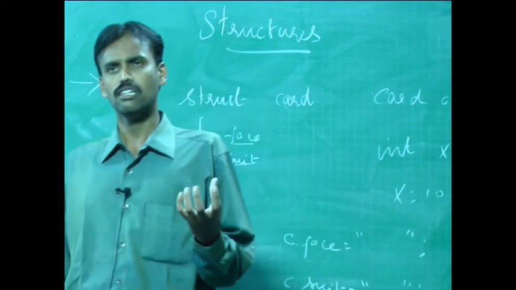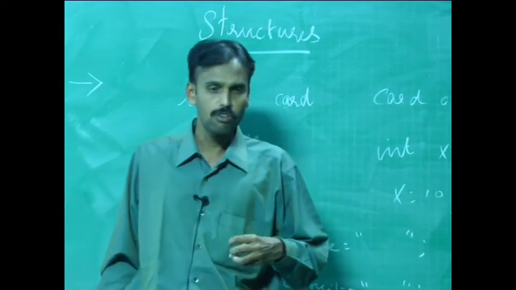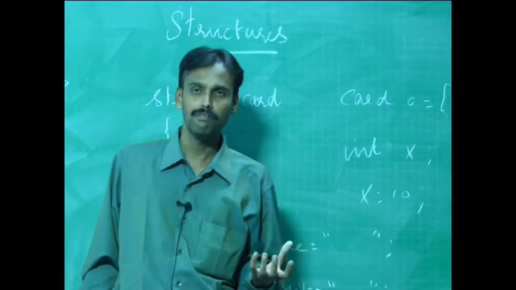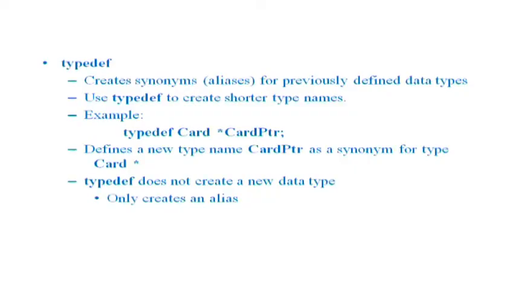An important thing that comes to mind when we talk about structures is type definition. What is typedef? It creates synonyms for previously defined data types. This type definition is used to create shorter type names, right? For example, at the time of our enumeration itself, we noted the difference between enumerated data types and type definitions.